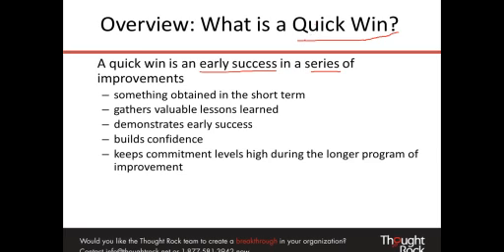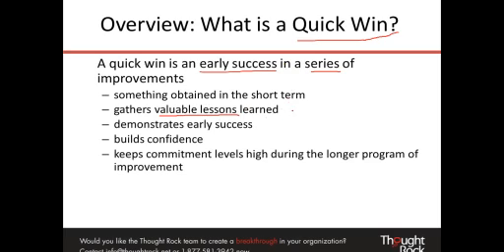So a quick win is always a great thing to do. It keeps momentum going. You get valuable lessons by adopting the concepts of a quick win. And it ties into the concept, to link it back to ITIL, of the Deming short improvement cycles of plan, do, check, act.